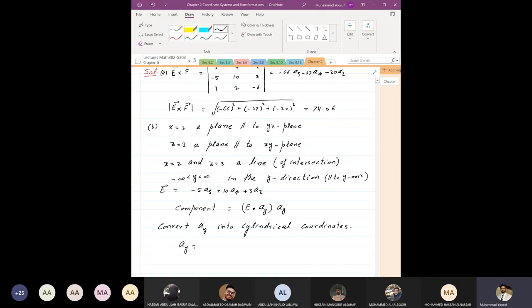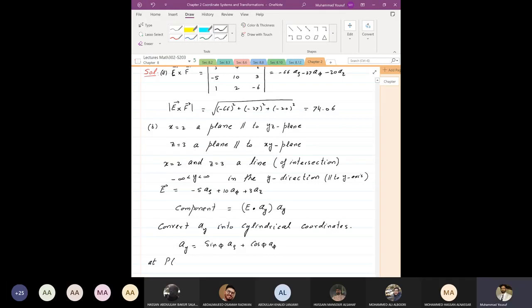And we have seen before, long before, that this is equal to sine phi a_rho plus cosine phi a_phi. There will be no z component because the line is not going up or down.